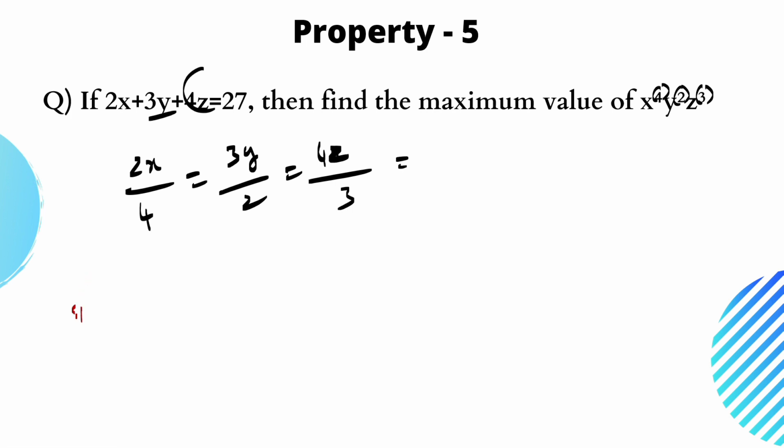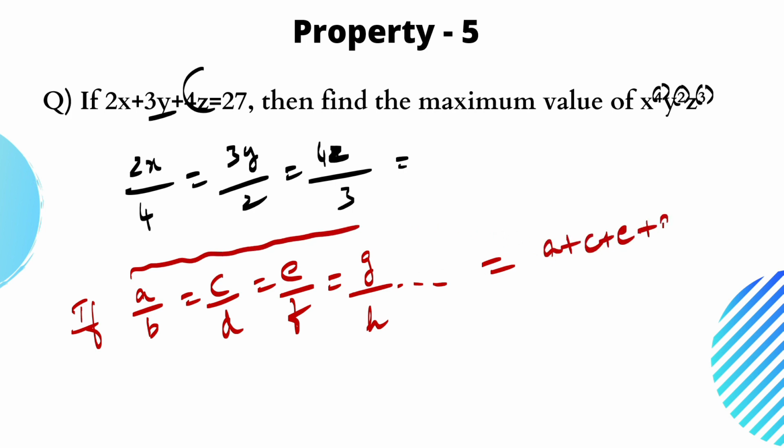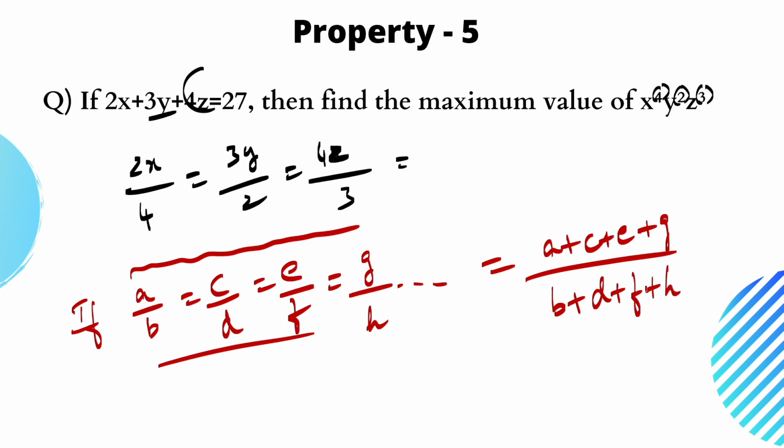We learned that if a by b is equal to c by d is equal to e by f is equal to g by h and so on, this will be equal to the sum of all the numerators, a plus c plus e plus g, by the sum of all the denominators, b plus d plus f plus h, and so on.